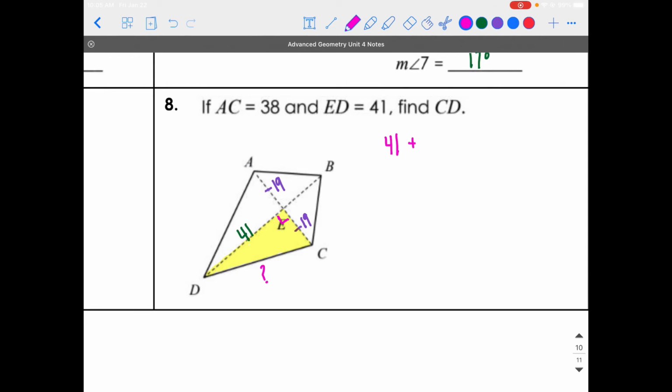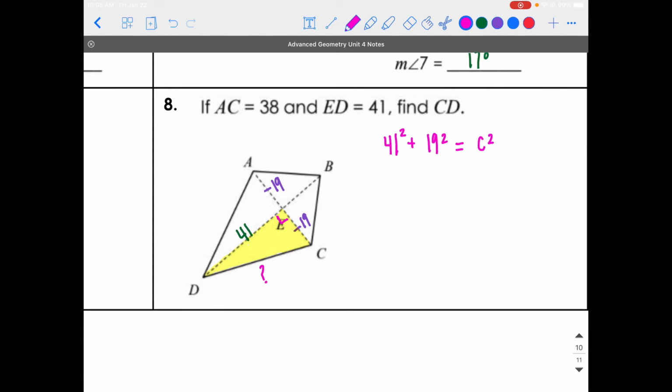So 41 squared plus 19 squared equals C squared, and that makes 2,042. Then if we take the square root of both sides, we get 45.2 equals C, which is really the length CD.